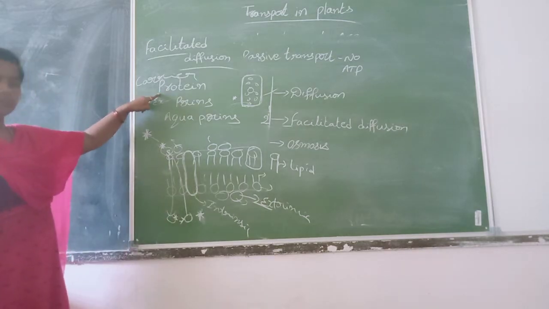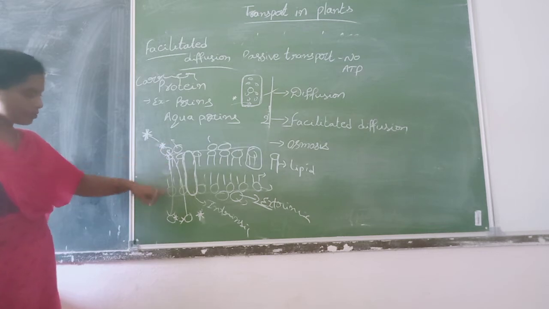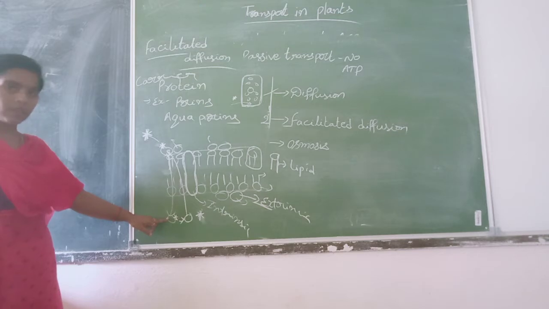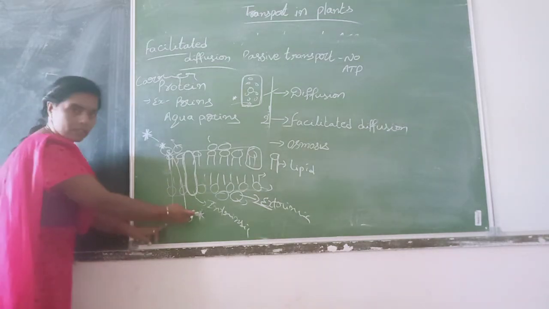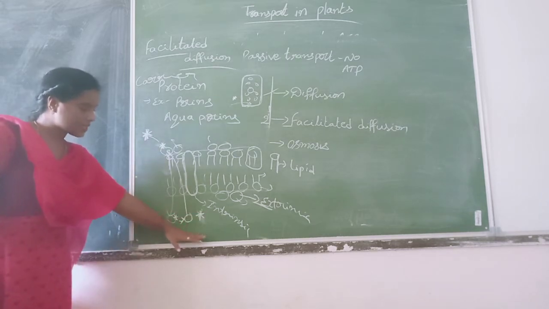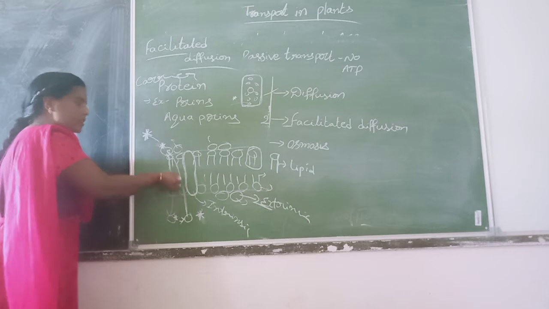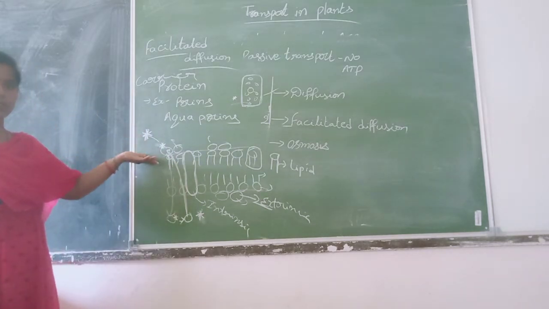The carrier protein binds with the substance which needs to be transported into the cell and passes into the cell. After entering the cell, these two detach or separate. Then the substance remains in the cell. The carrier proteins come back again and continue the same process.